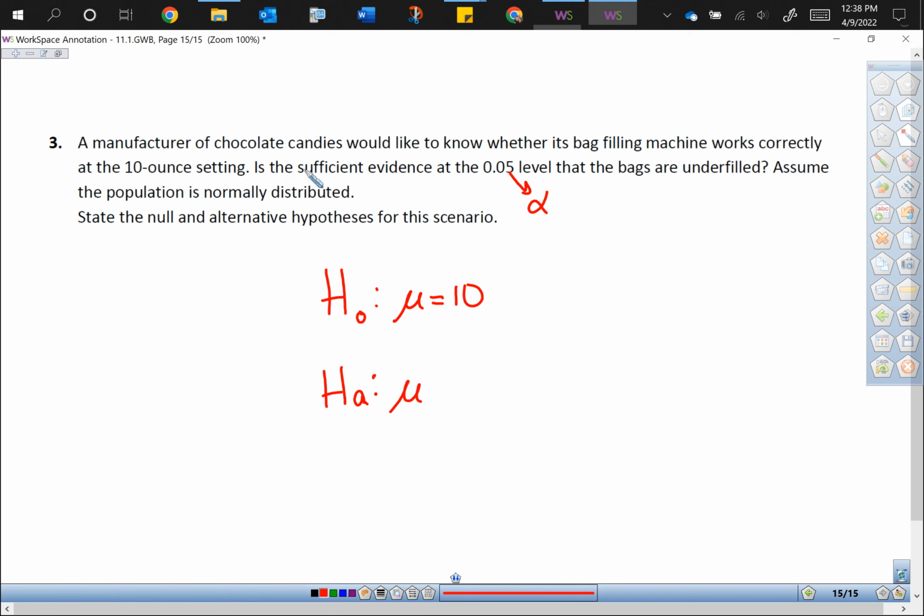It says, is there sufficient evidence at the 0.05 level that the bags are underfilled? If you remember back on the front page, one of the properties of my alternative hypothesis is it's the statement we are trying to support. Well, this problem is trying to support that the bags are underfilled, so that would be mu less than 10.